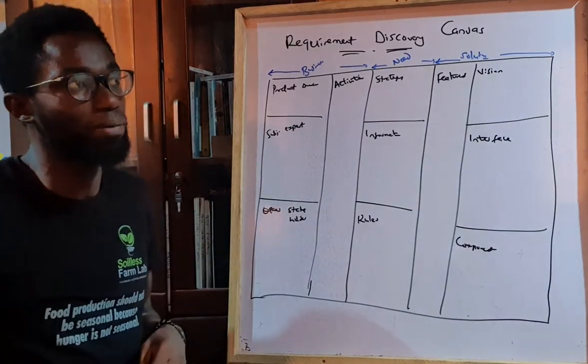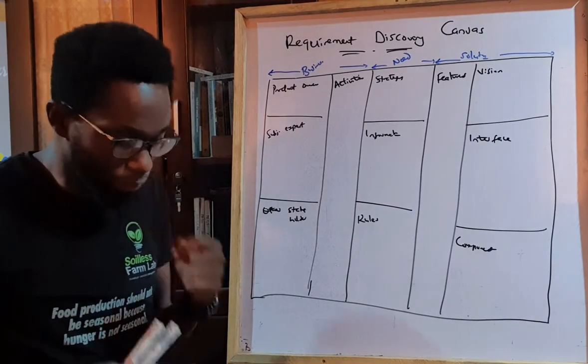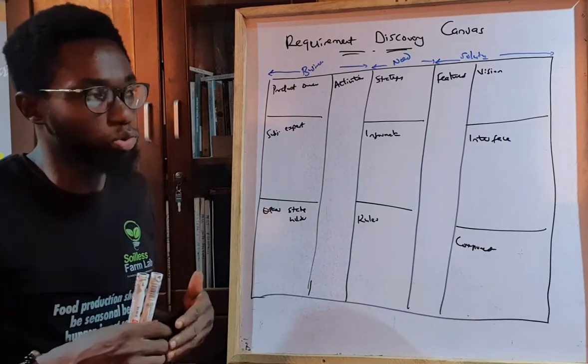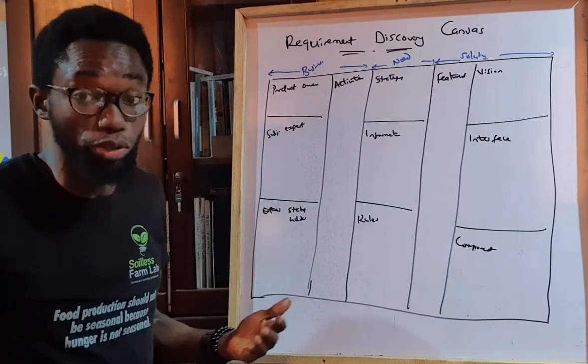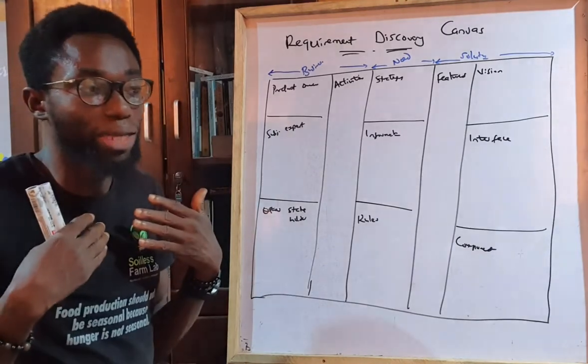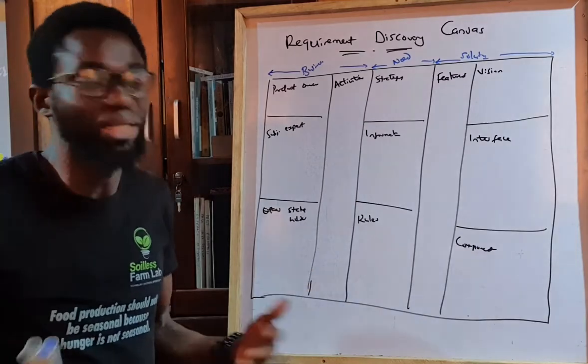Let's take for example, software for selling produce. Probably let's use that simple one. A software that tells people where to get things whenever they need to buy something.